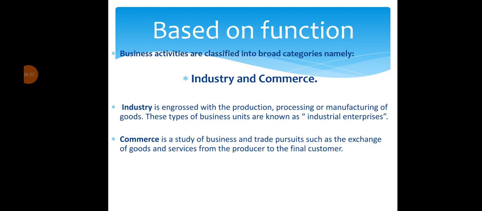These types of business units are known as industrial enterprises. Second one is commerce. We all know what is commerce. Commerce is a study of business and trade pursuits, such as the exchange of goods and services from the producer to the final customer.